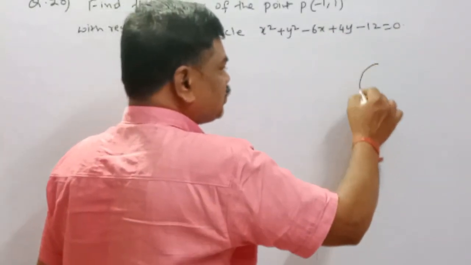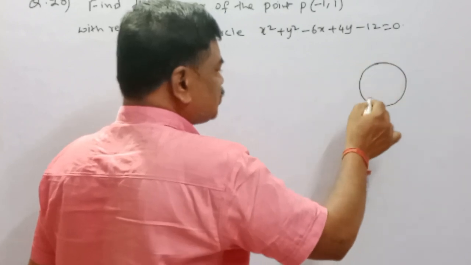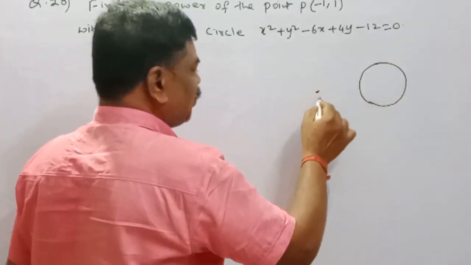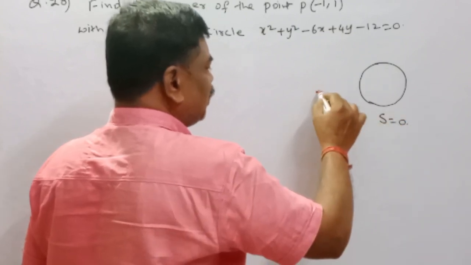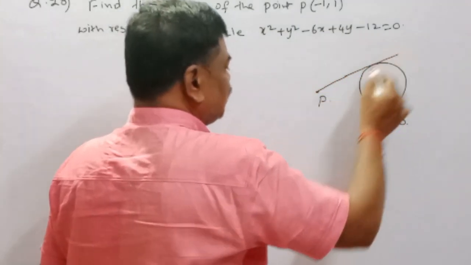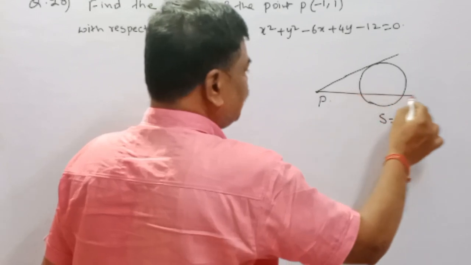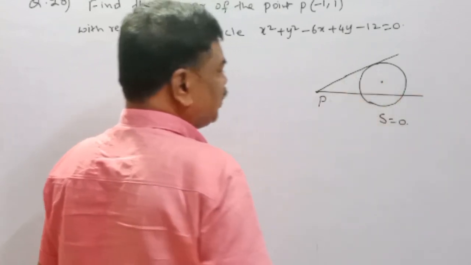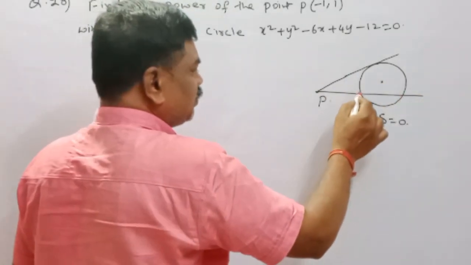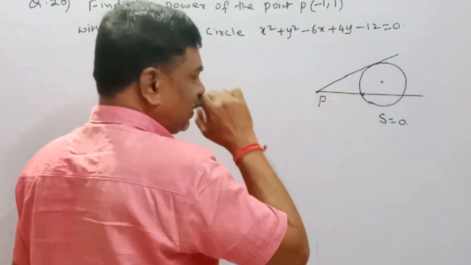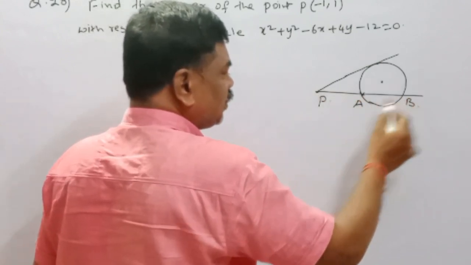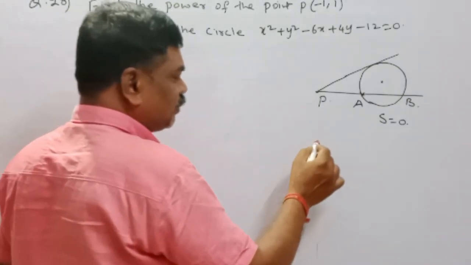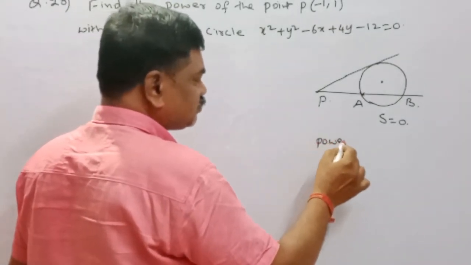Suppose this is the circle and this is the point P. This circle's equation is S = 0, and this is the tangent and this is the secant. This is the center of the circle. The secant cuts the circle at two points A and B. Then what is the power of the point?